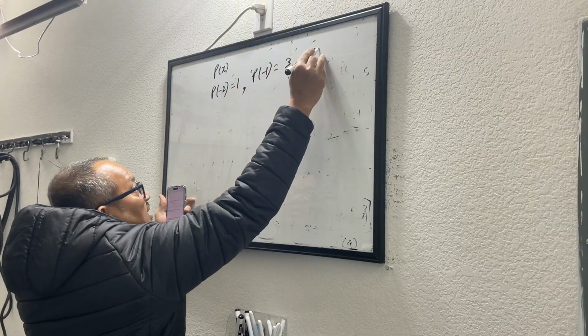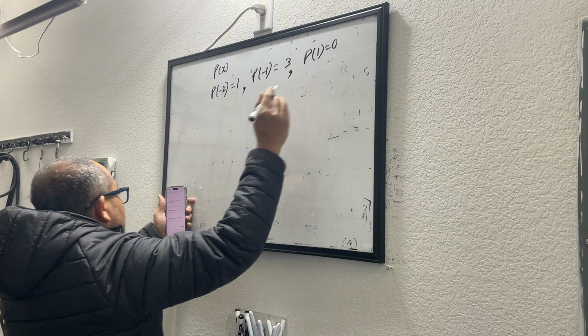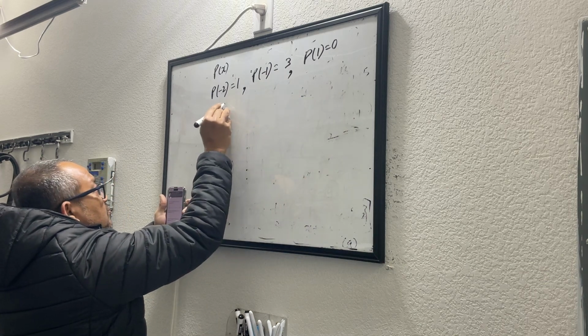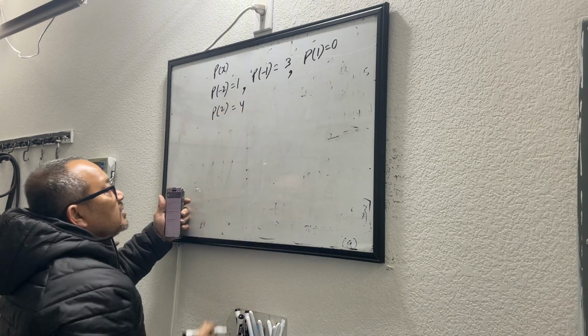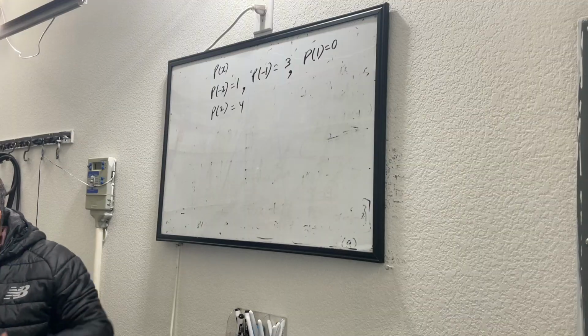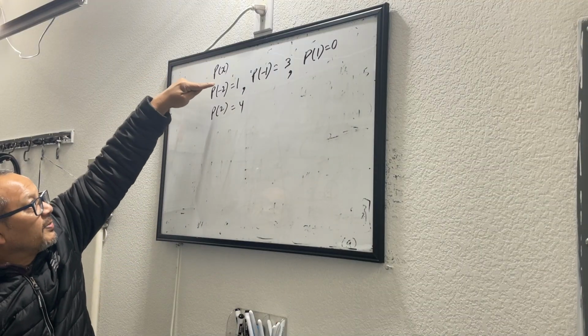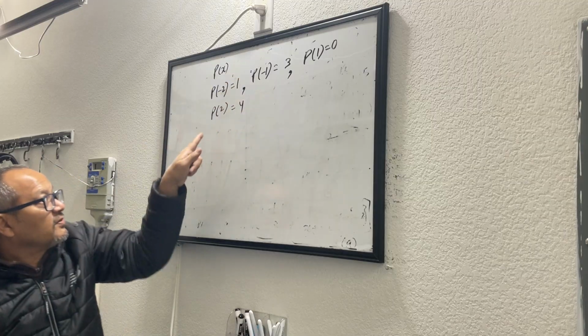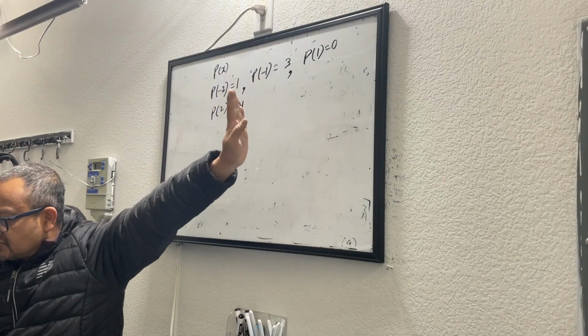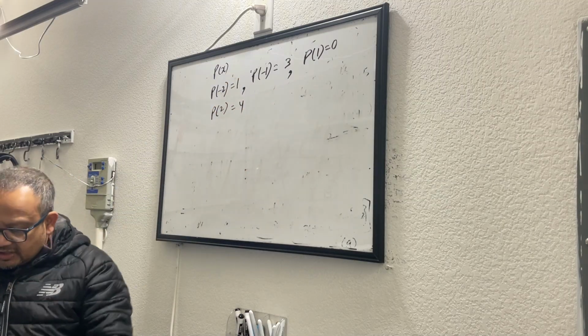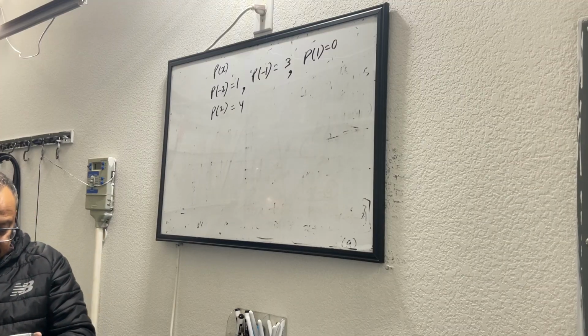P of 1 equals 0. P of 2 equals 4. So this is a polynomial, and we have some values given for it. Basically, this polynomial is evaluated for the values of minus 2, minus 1, 1 and 2, and the other outcomes. So far okay everybody? Now the next part of the question.